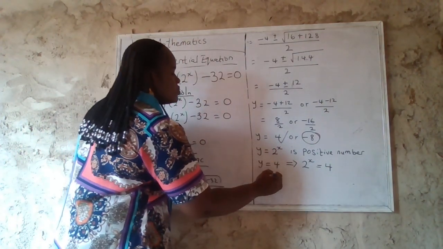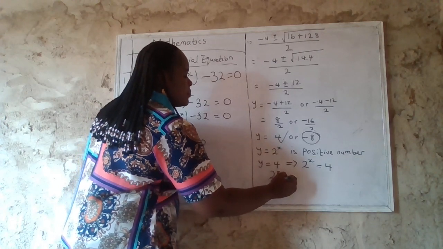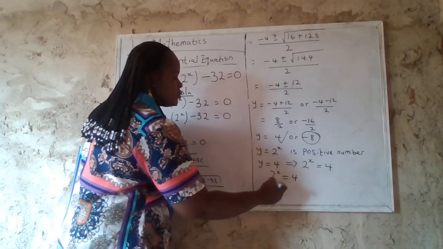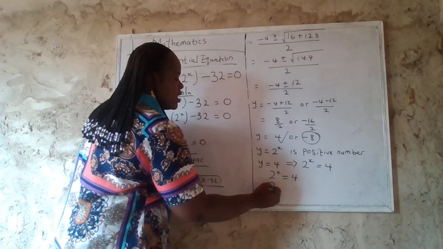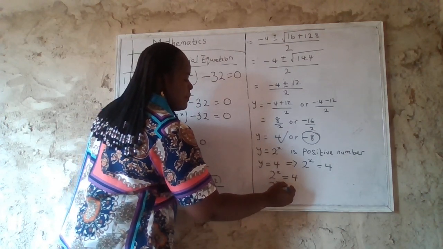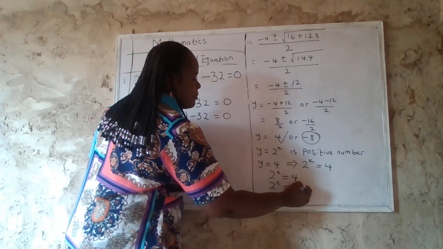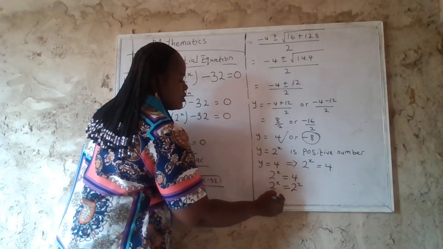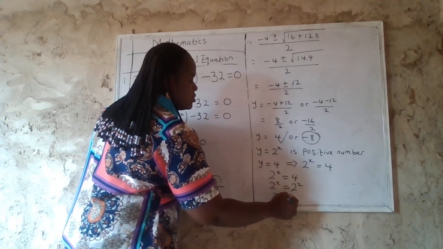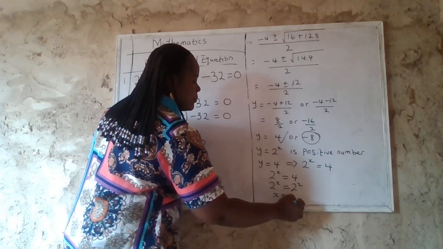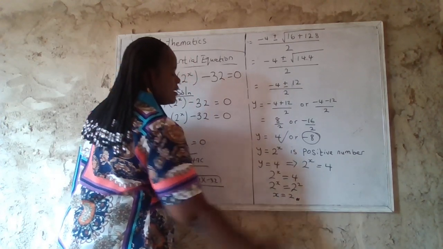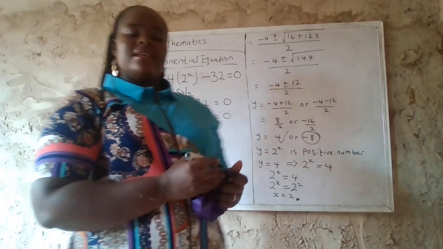Now, we have 2 raised to the power x is equal to 4. Now simplifying this, we have 2 raised to the power x equals 2 raised to the power 2, so that we have x is equal to 2. And that is our answer.